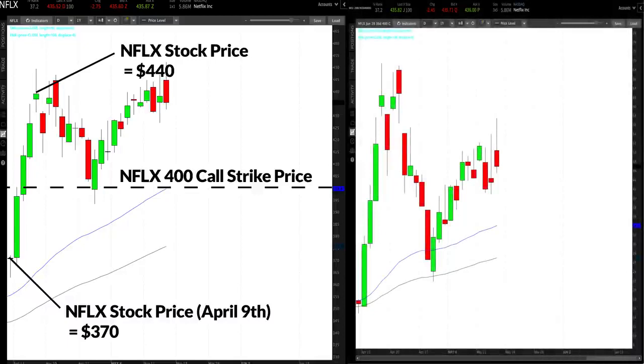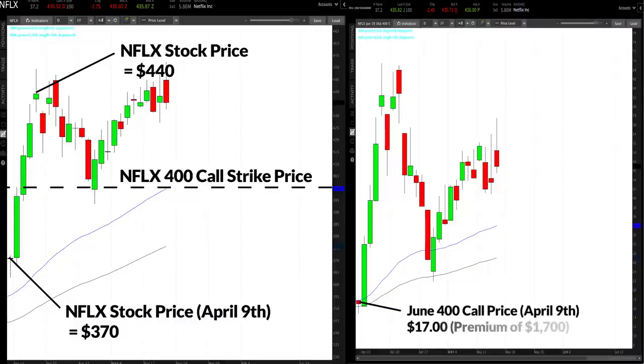Let's go ahead and look at a chart of the price for the June 400 call option in Netflix through this same exact time period just to see what happened. So this chart is the June 400 call option in Netflix. On the very left-hand side of the chart is again April 9th.